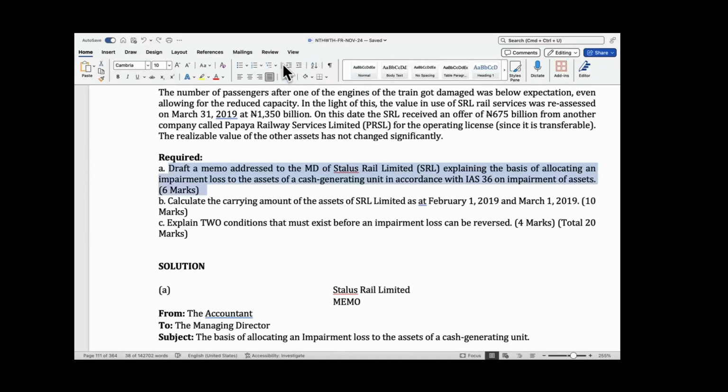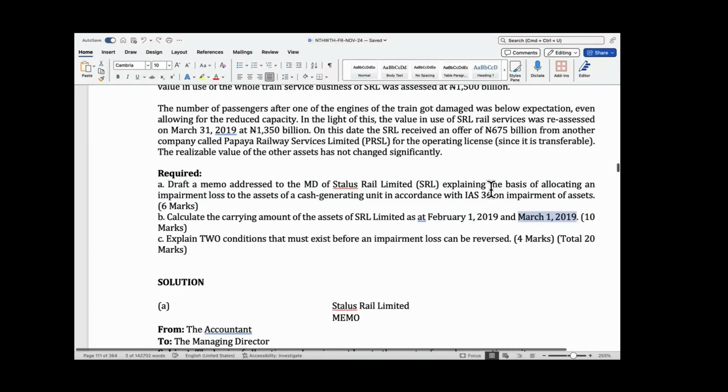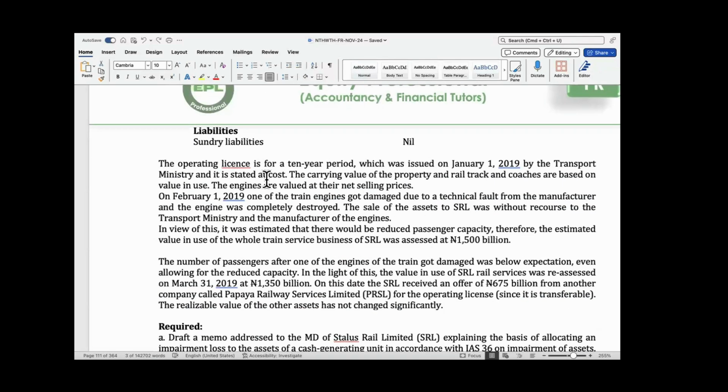For the B part, it says calculate the carrying amount of the assets of SRL Limited at February 2019 and March 2019. Okay, so for February 2019, from the question, what I can see is that one of the twin engines got damaged. Yes, it was completely destroyed.